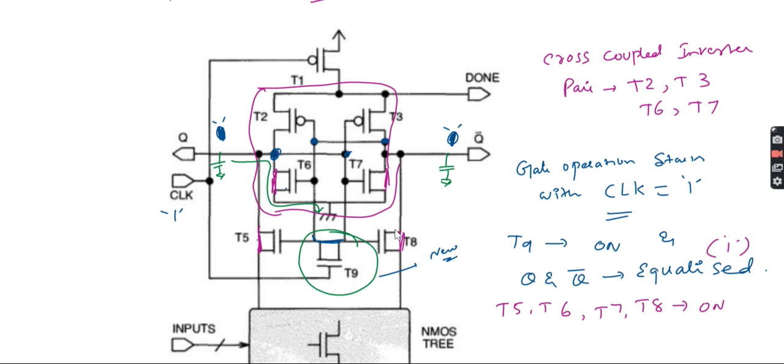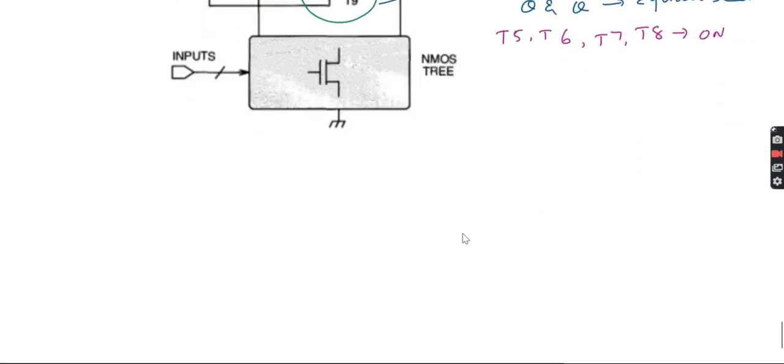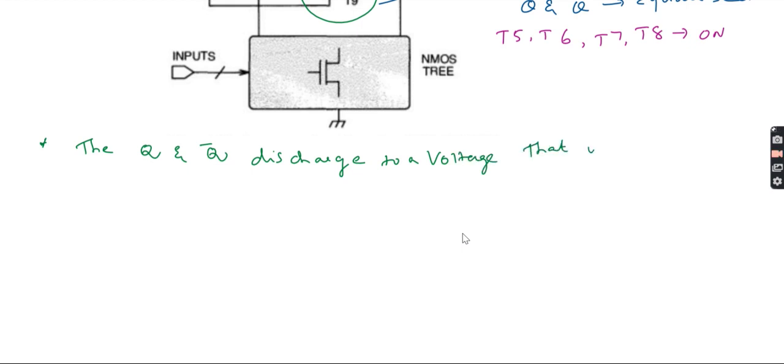So I can say the Q and the Q bar discharge to a voltage at VTN or lower, through which transistor actually? Through T6, T7.